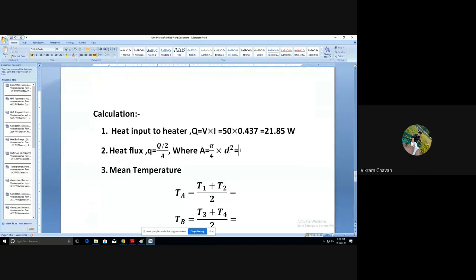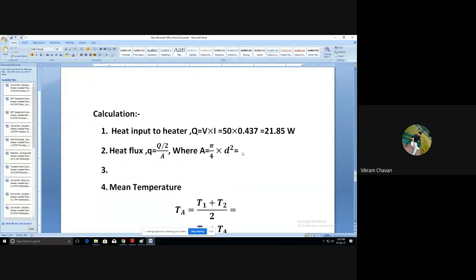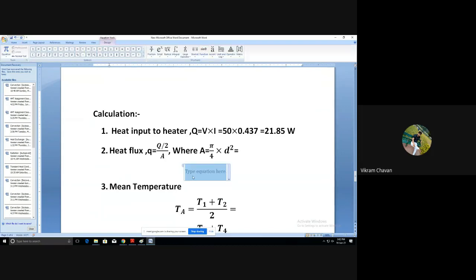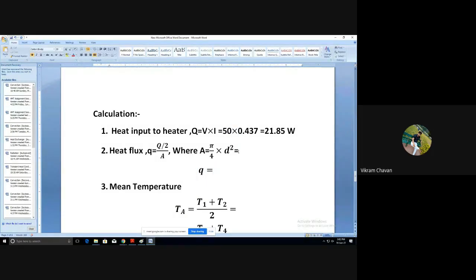First of all, calculate the area, then we will do Q by 2 and divide it by the area.